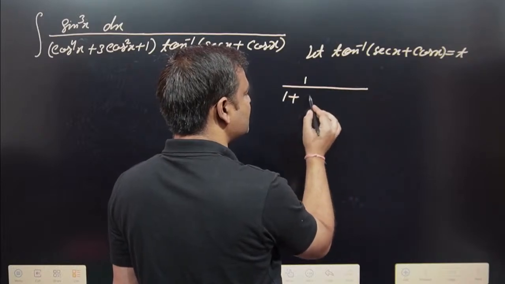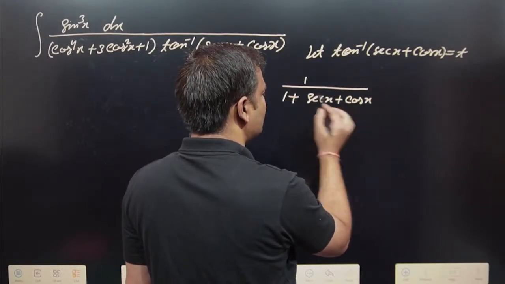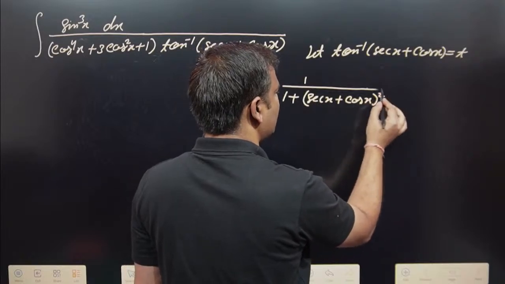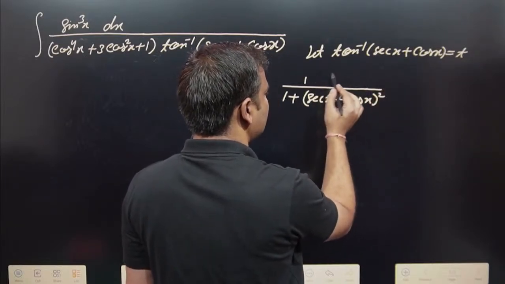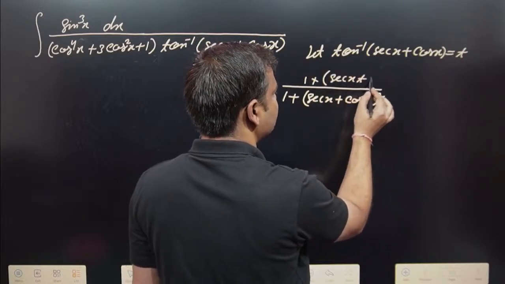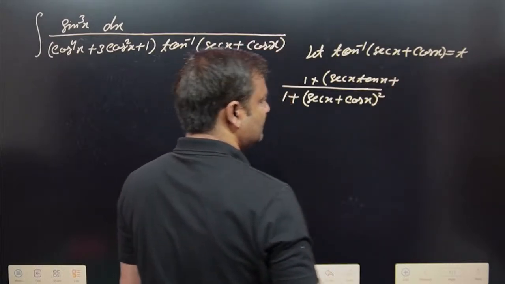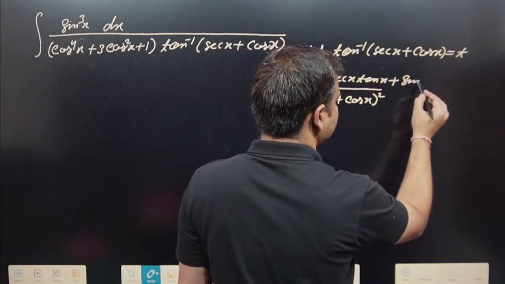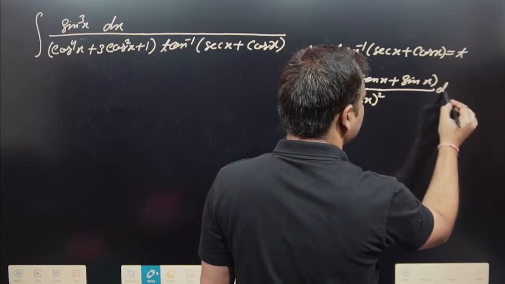1 plus sec x plus cos x to the whole square, into the differentiation of this one: sec x into tan x, and the differentiation of cos x, basically minus sin x, into dx. This is equal to dt.